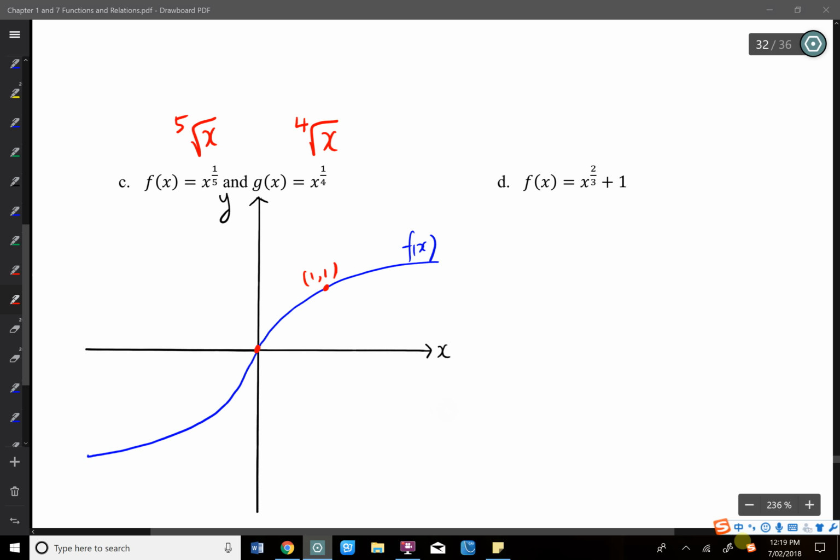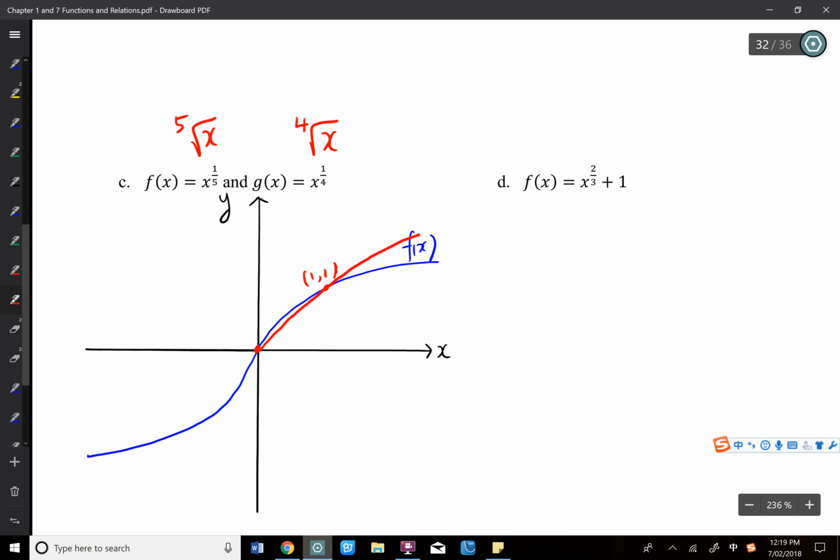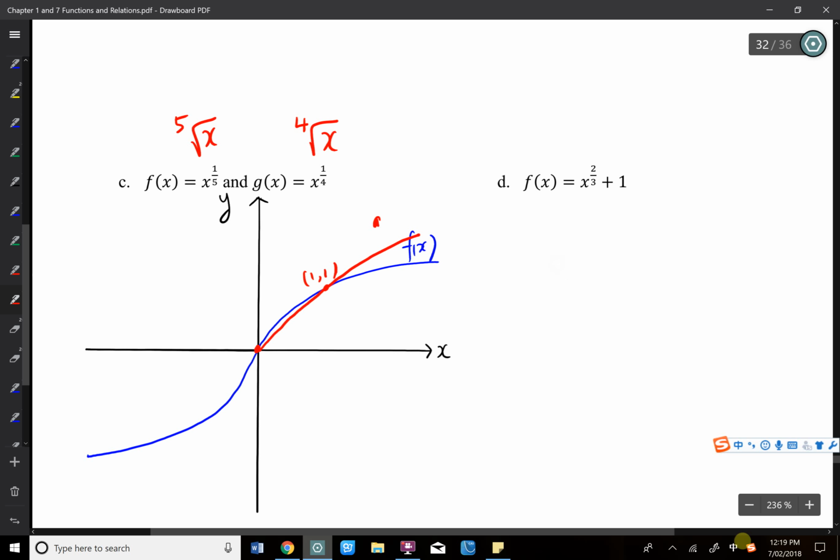So I can't do it like that. The graph can't go this way. So it must be lower here and then go up here. Can you see that? It intersects here, and then goes up. That's g(x).